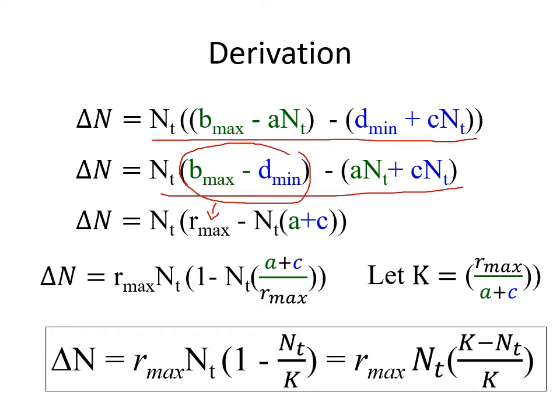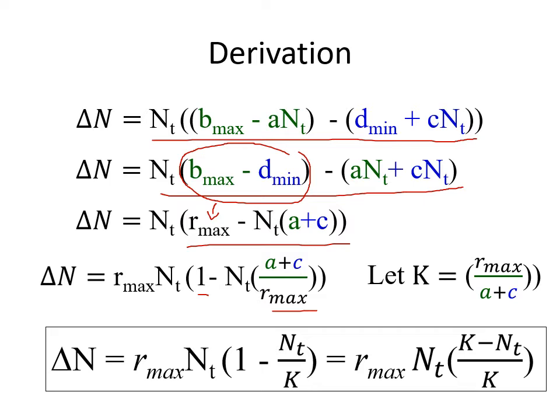Pull out the N sub T, and in the next step you are pulling R max out of this part of the equation, and that results in now 1, and you have N sub T times A plus C over R max.